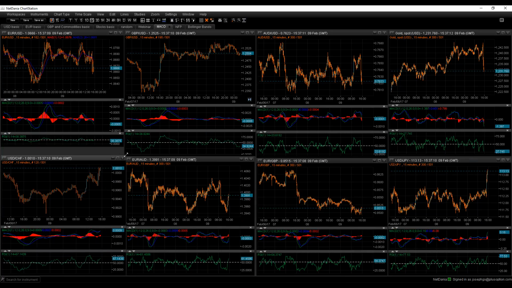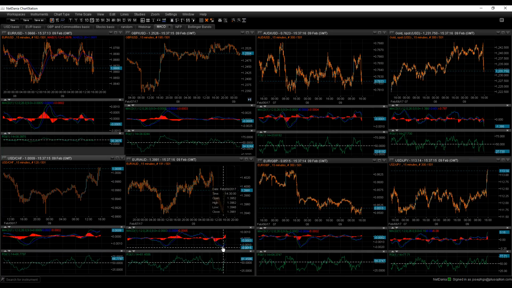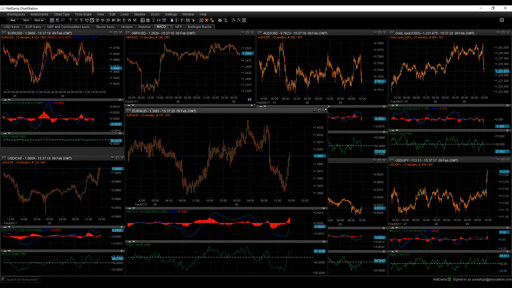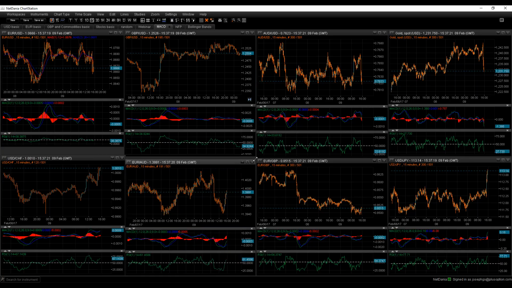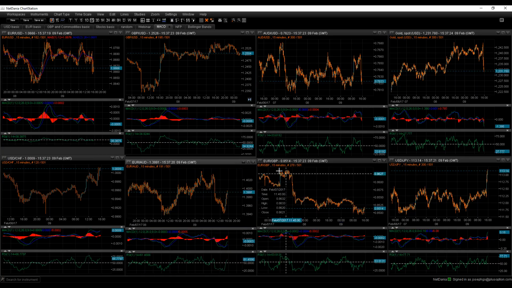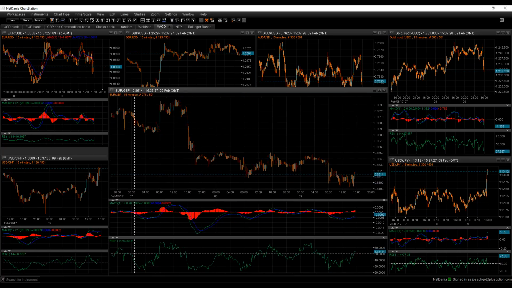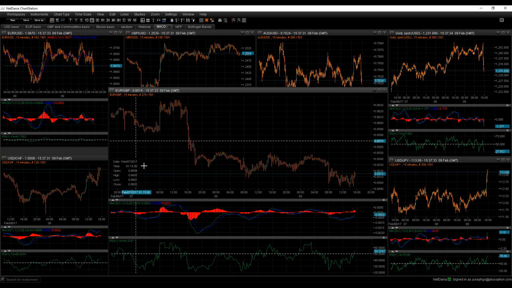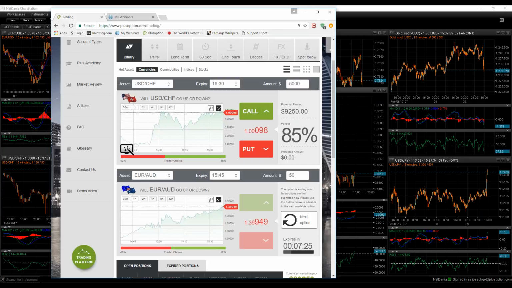Now I'm seeing if we have any other opportunities. And we also have a crossover here that I think we might have missed. Euro GBP. We see a crossover right here. This is indicating to us another bullish position for Euro GBP.